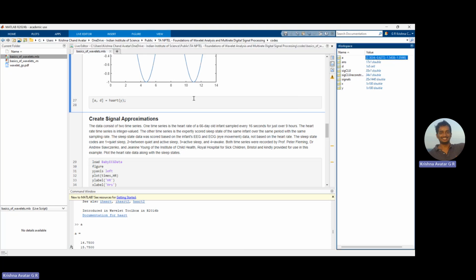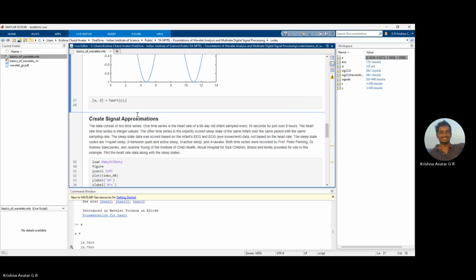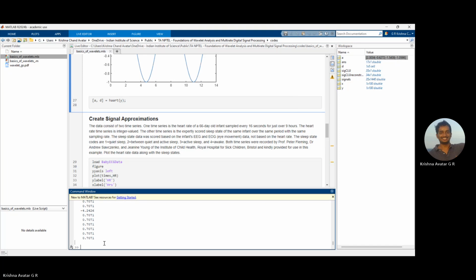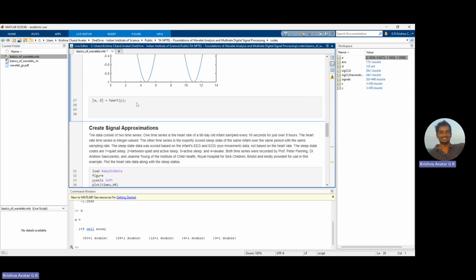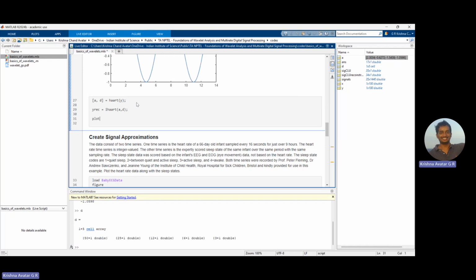So it's able to do some processing. Say A is giving this and D is giving this, 1 by 5. And let's try to say y rec means y reconstruction. I'll just call it y rec is equal to ihaart and give the inputs A, D. Let's plot it.